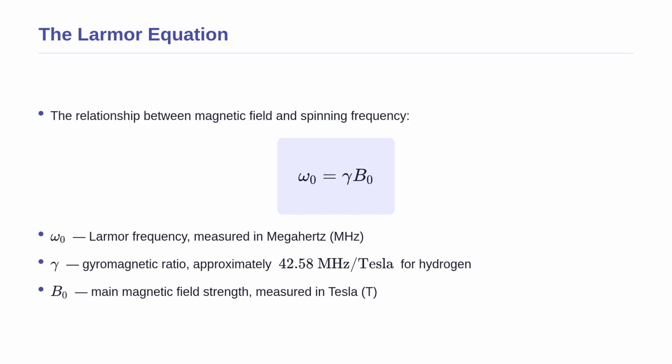Gamma is the gyromagnetic ratio, a constant specific to the nucleus, which is about 42.58 megahertz per Tesla for hydrogen. Finally, B0 is the strength of the main magnetic field, measured in Tesla. If the magnetic field strength increases, the spinning frequency also increases proportionally.